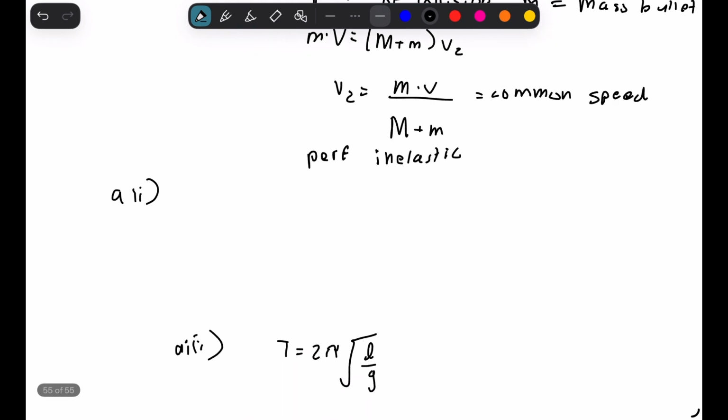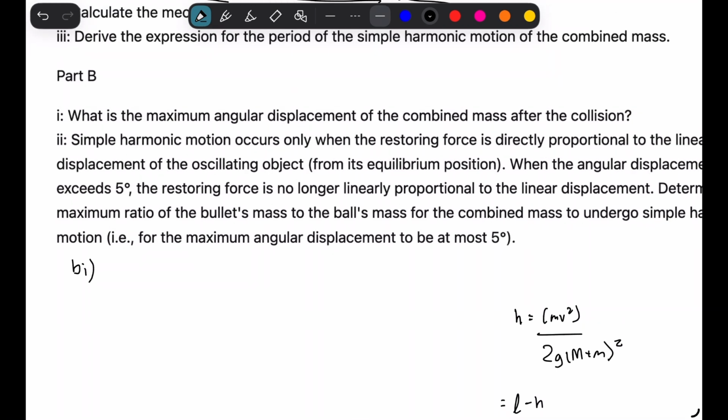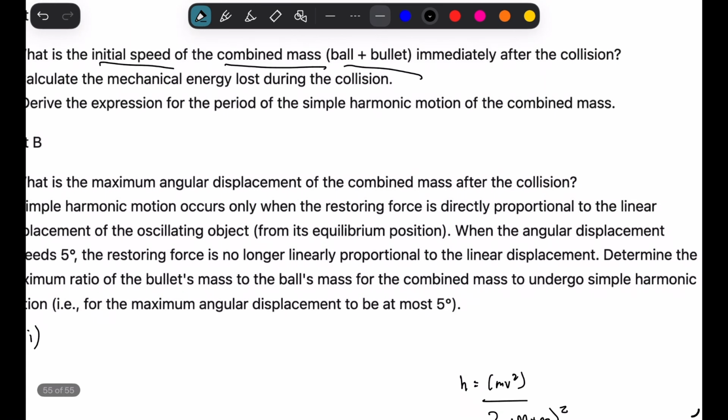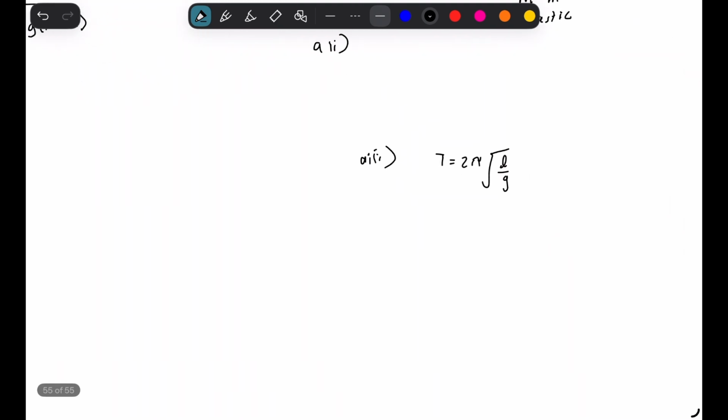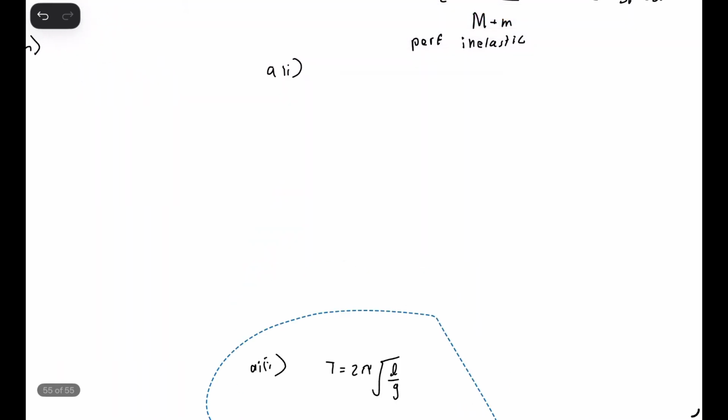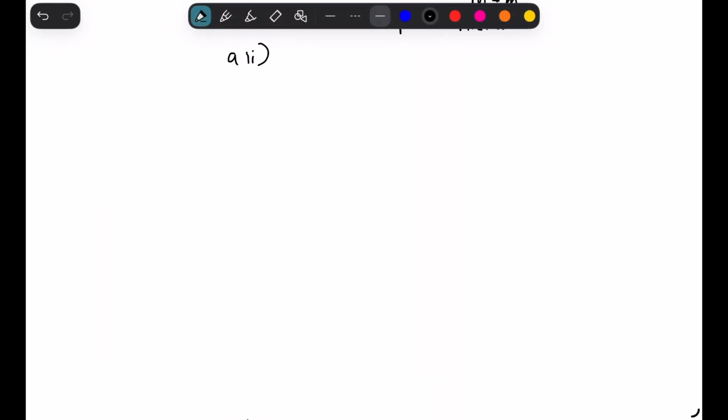Now for part 2, we're asked to derive, to calculate, the mechanical energy that was lost during our collision. In order to do this, our mechanical energy loss is going to be equal to the kinetic energy that we had beforehand minus the kinetic energy that we had afterwards.